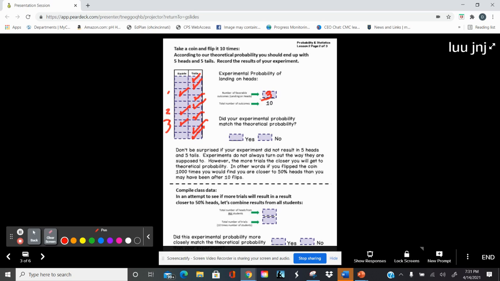And the total number of outcomes, we flipped it 10 times, so it was 10. So you tell me, did the experimental probability match the theoretical probability? Reminder, the theoretical probability was 1/2, 50%.